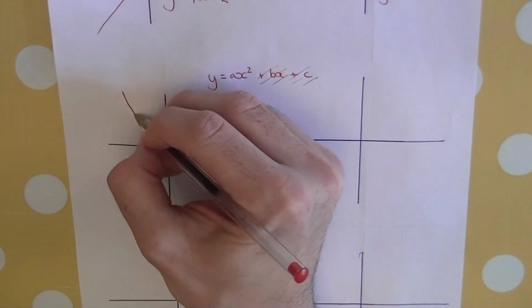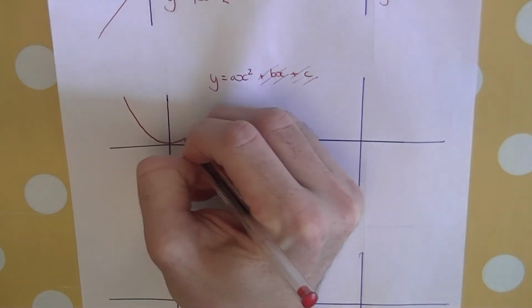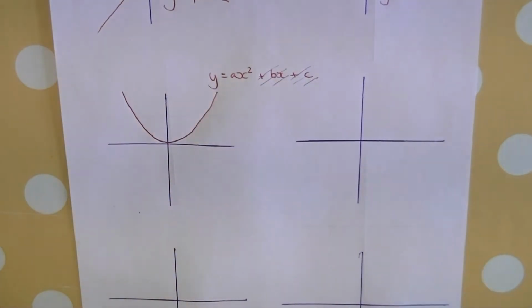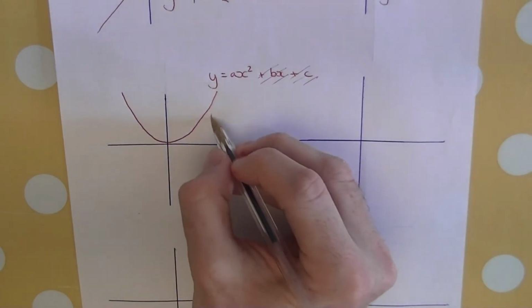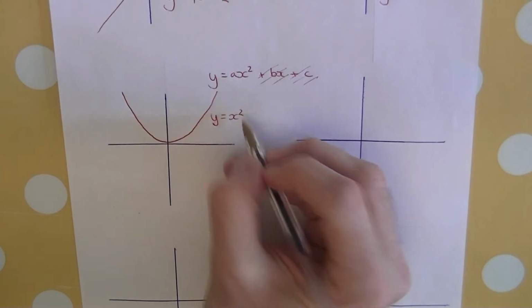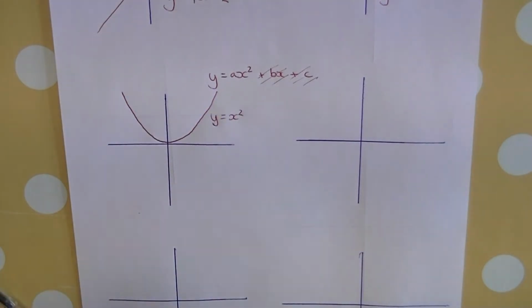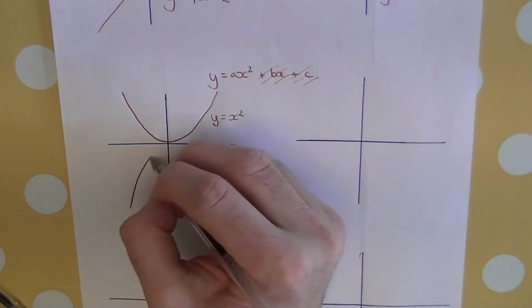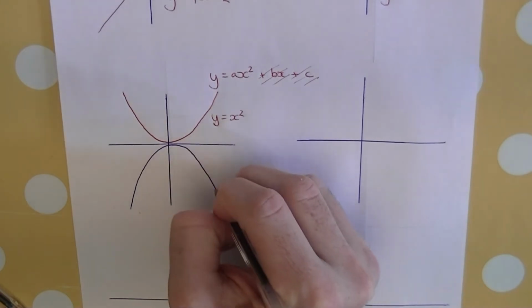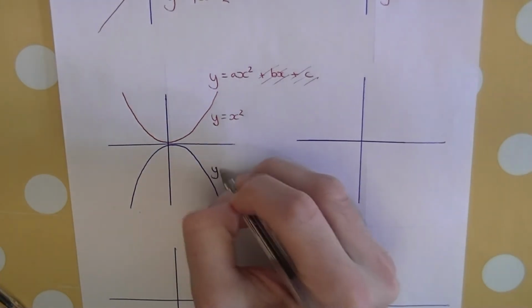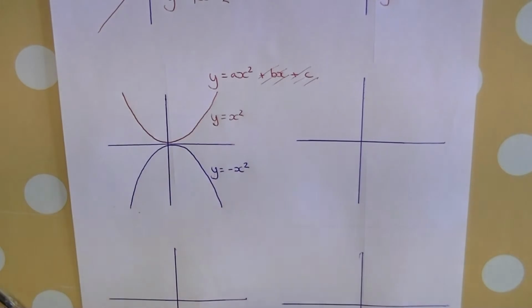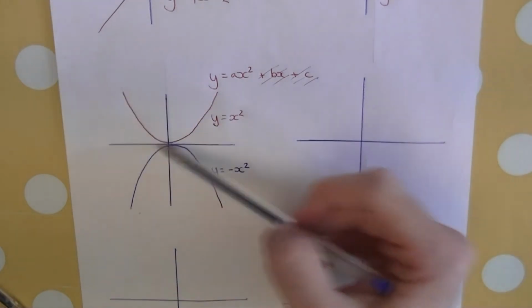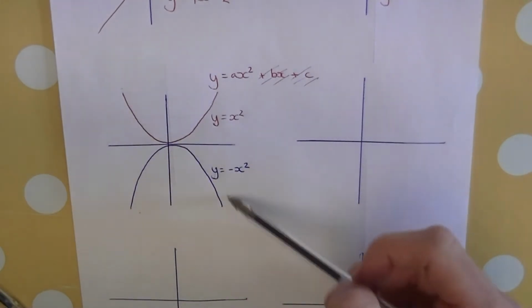It has one bend in it. That graph there actually is y equals x squared. If it bends from the other direction, it comes from down, up and back down, it's minus x squared. So they are the two shapes to look out for: positive x squared graphs and negative x squared graphs.